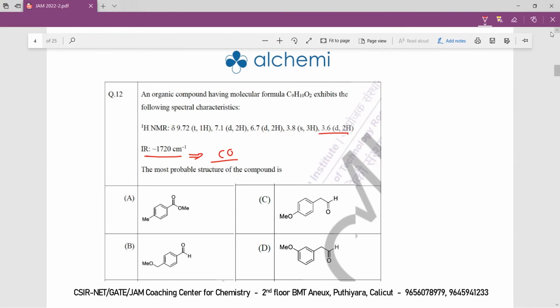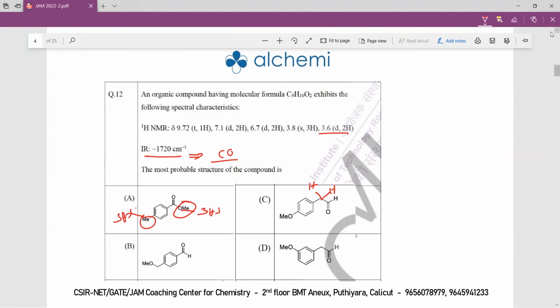So first one, 3.6, 2 hydrogen doublet. You can see here 2 hydrogens are present, which can give a 2 hydrogen doublet. In these options, if you look at option A, OMe is present, and it will give a 3 hydrogen singlet, and the other also gives a 3 hydrogen singlet.